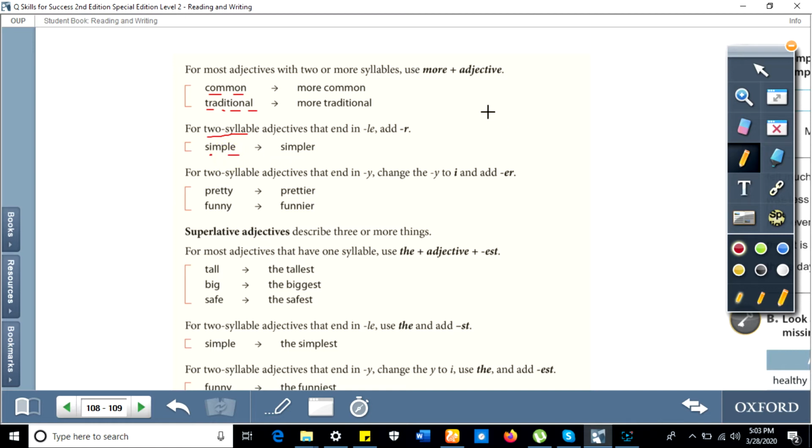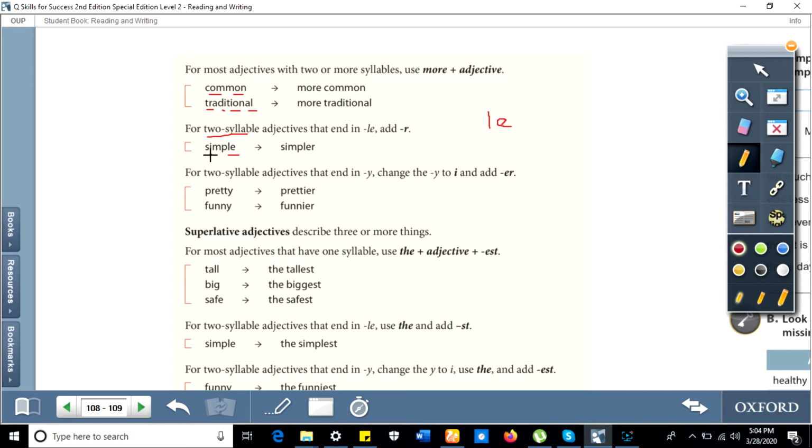Whenever there is this -le, we take it as a syllable. Remember this. Even though the E is silent, there is a vowel sound at the end, so we take it as a syllable.